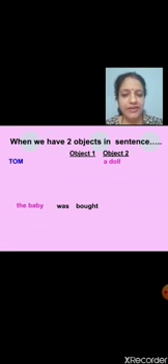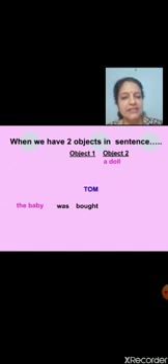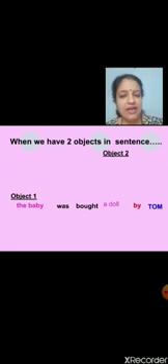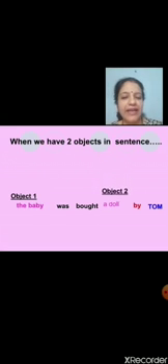One, by shifting object 1 and keeping object 2 in its original position. If we bring object 1 to the subject's position and retain the position of object 2, the answer would be: the baby was bought a doll by Tom.